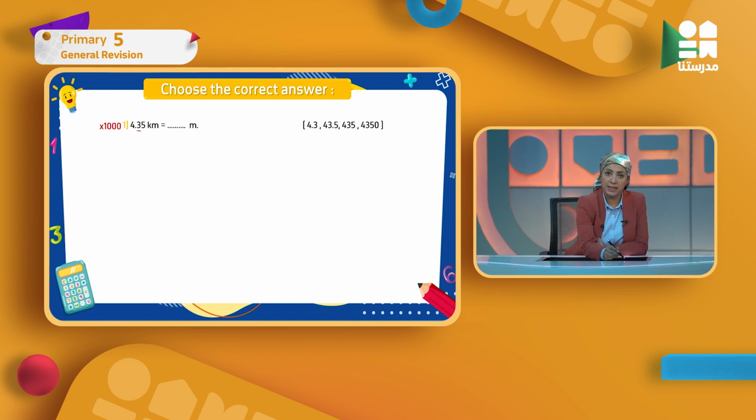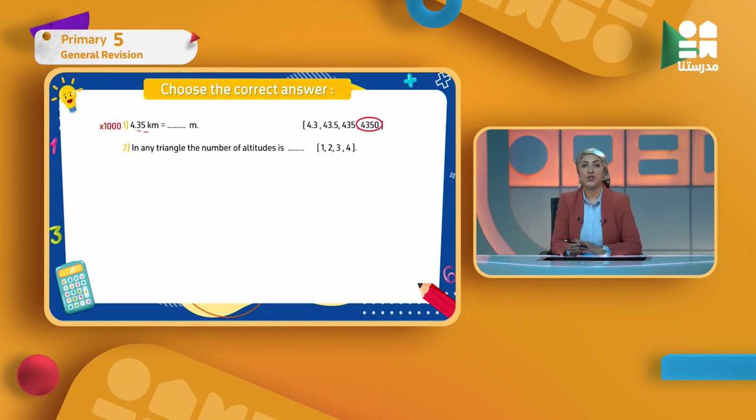One place is the 3, the second place is the 5, and the third place I have nothing. So I will add a 0 in the third place to give myself a chance to move my decimal point 3 places. So the answer here, of course, will be 4,350.